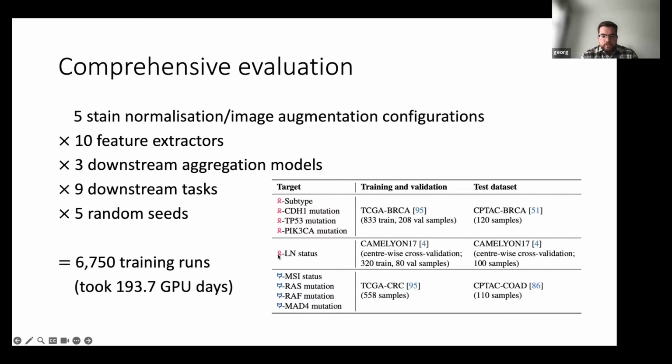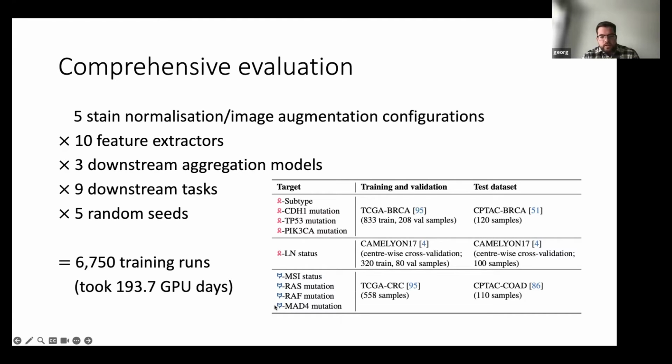We also looked at breast cancer lymph node status prediction, where we used the Chameleon 17 dataset, which contained samples from 5 centers. So there we use 4 of those centers for training and 1 of them for testing to still ensure that it's basically an external set. And we do this 5 times to basically do a 5-fold cross-validation.